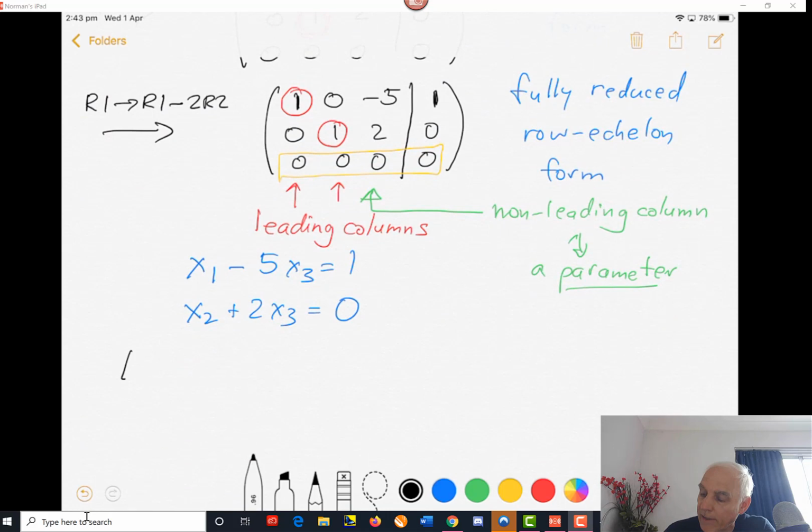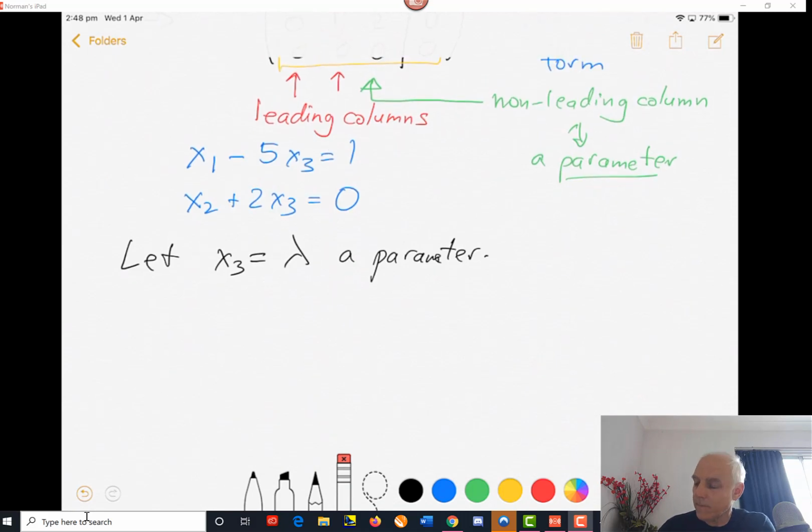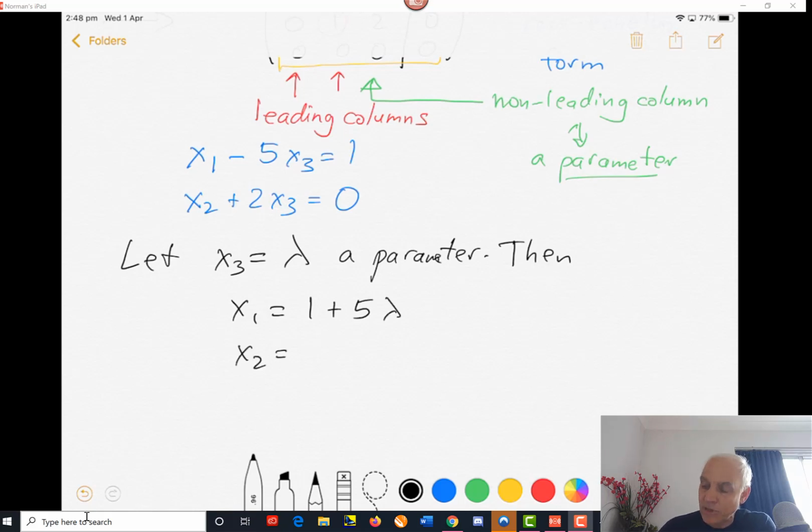So we're going to let x3 be a parameter. Lambda we often use. That's a parameter. Then we can see that x1, if we solve for that, we'll bring the 5x3 to the other side, so we get 1 plus 5 lambda. x2, we solve for that, we get minus 2 lambda. And x3 itself is just lambda, we said.